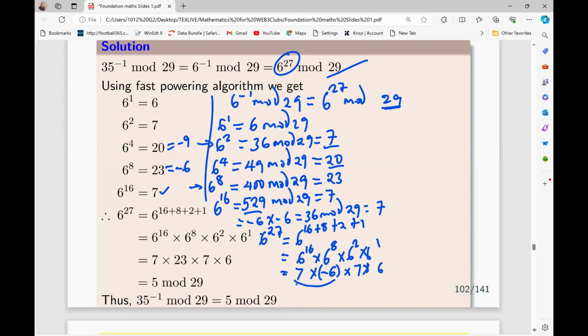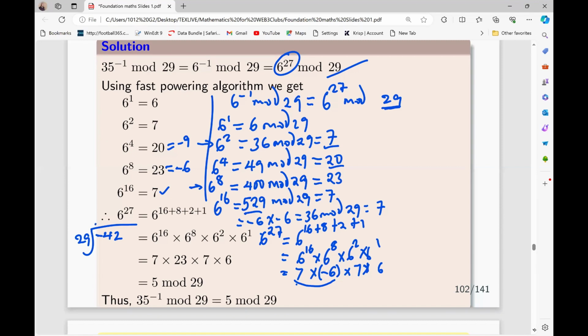Negative 42. If I taught you how to do this, because it's negative 42, you're dividing by 29. Ask yourself, if 29 were to go into 42 without the negative, how many times will it go there? It goes there 1 time.